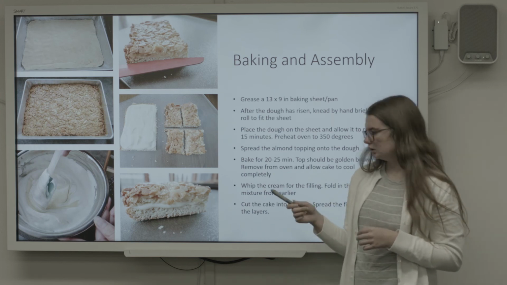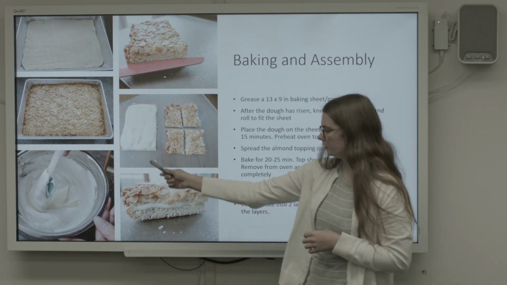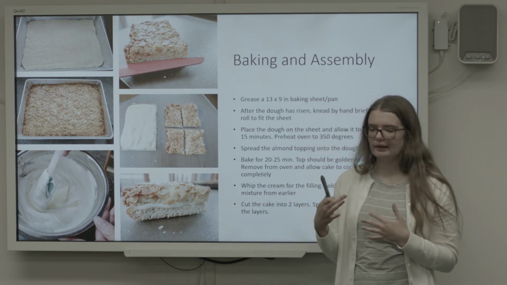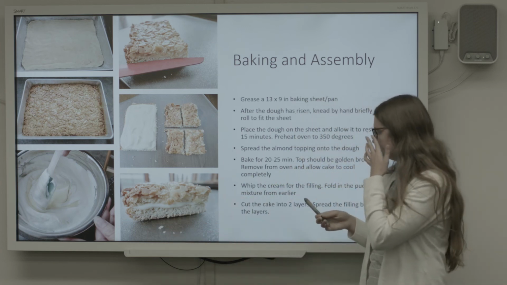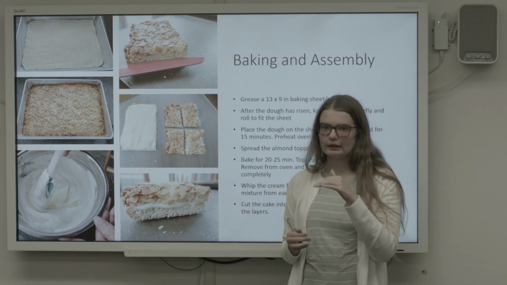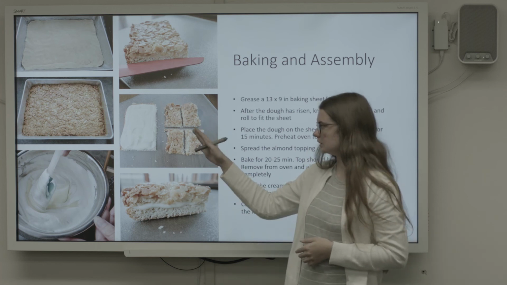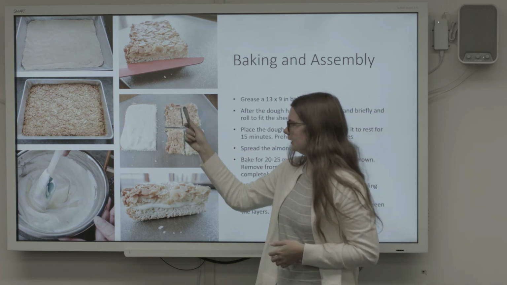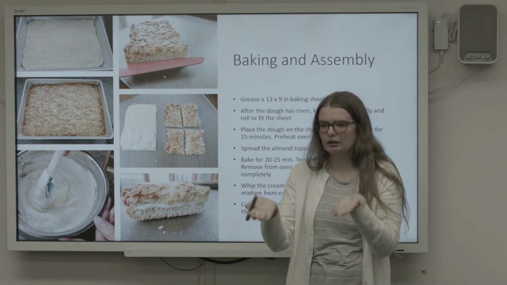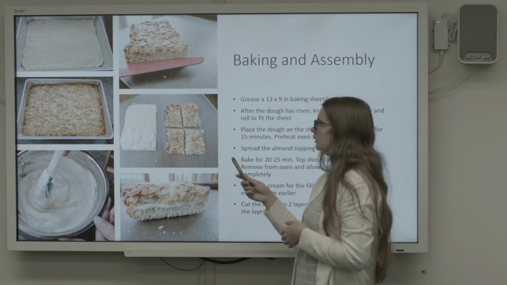Then once it's cooled, you can whip the cream for the filling and then just fold in that pudding mixture you made earlier. Then you're gonna cut the cake into 2 layers. This recipe suggests cutting it into quarters like this first so that you can actually get it out of the pan, otherwise it's going to be kind of difficult.